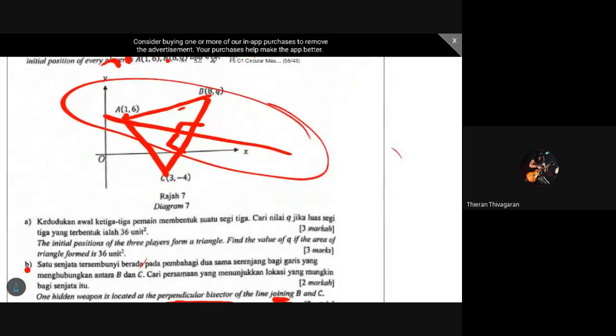Okay guys, what equation do they want now? Persamaan mana mereka mau? Persamaan garis BC ke atau persamaan garis serenjang tu? Which equation?